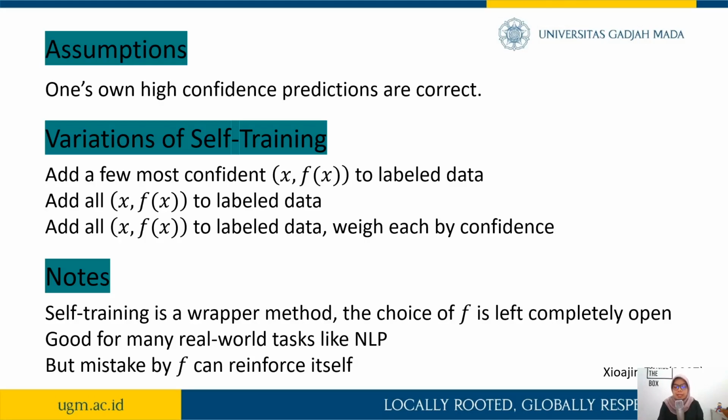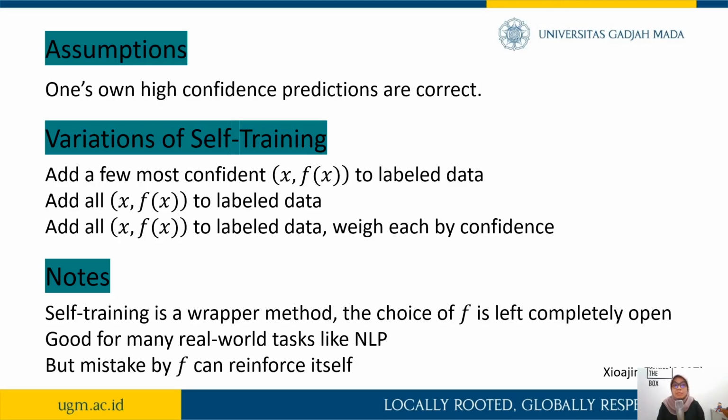Confidence here, in supervised learning, is probably the probability resulting from the machine learning model. Self-training is actually a wrapper method, and the choice of f here is left completely open, so any kind of machine learning model can be used, and it's good for many real-world tasks like NLP.